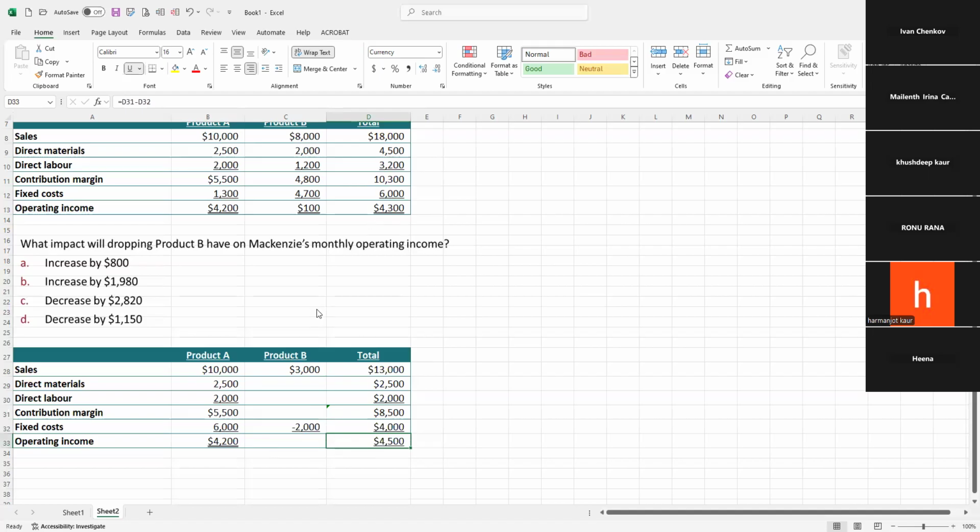Let me see what I'm not considering here. Yes, the only thing that I'm not considering is increase in sales, not increase in the sales revenue.